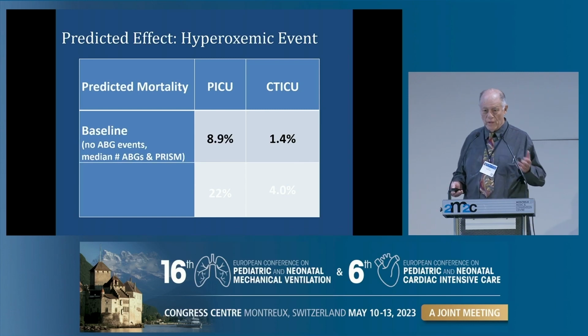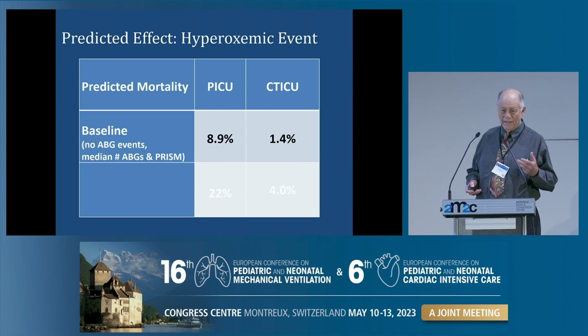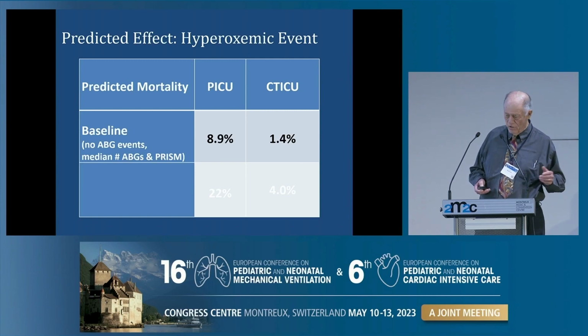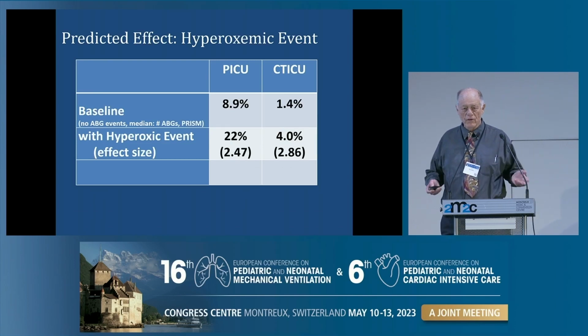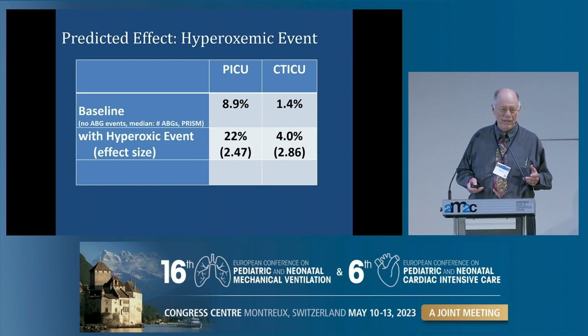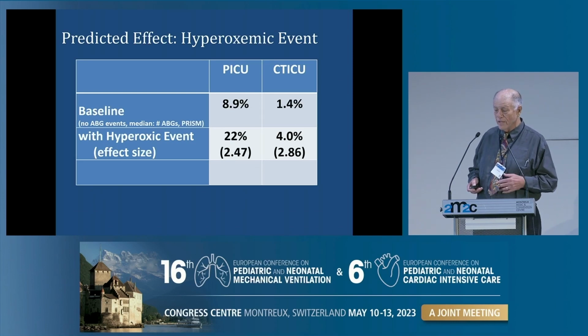What happens when you get a hyperoxic event added to that with none of the other aberrant blood gas measurements? Well, it almost triples. So you can see there is not an insignificant impact on the mortality.